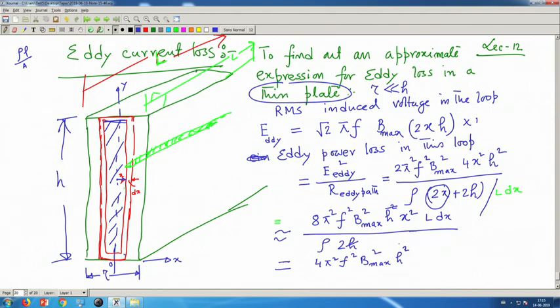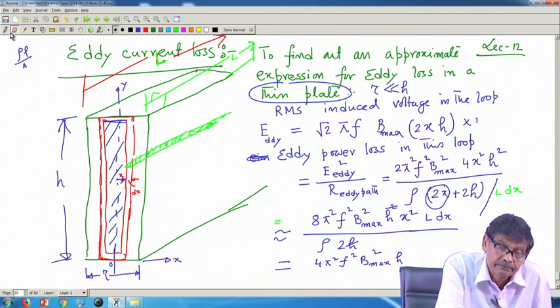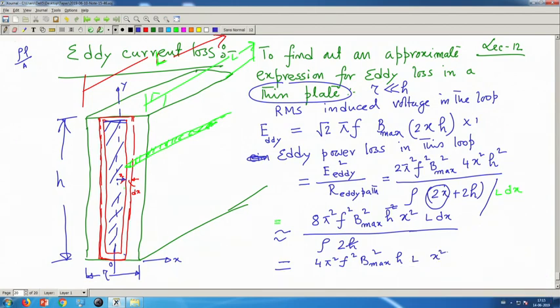So, it becomes h and then x square into L into x square dx. It is now a manageable expression, divided by rho, of course. So, this will be this loss.